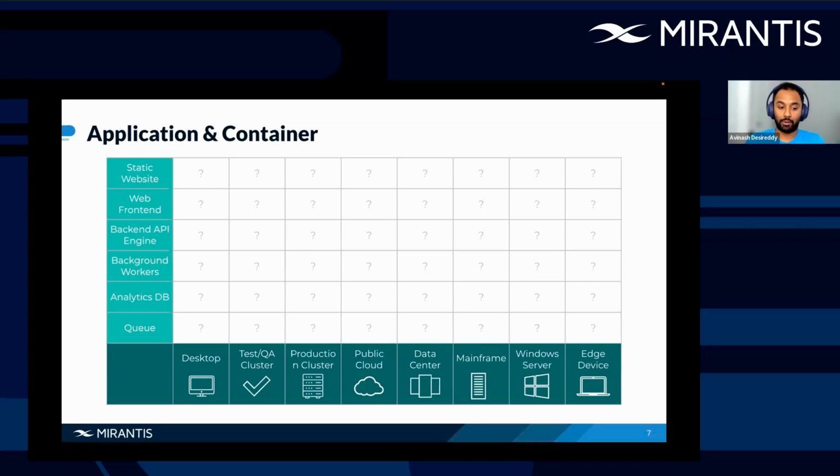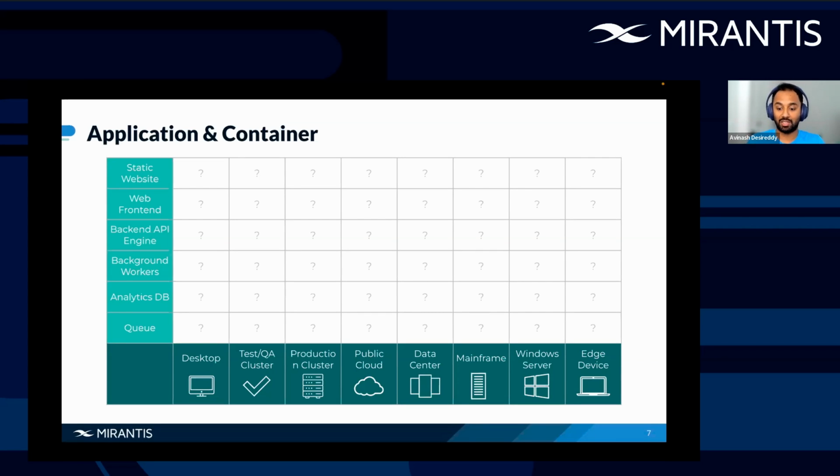So the number of options, of where these applications can be deployed and how they are deployed, is enormous. And the technical complexity, the process challenges, and the friction between developers and operations teams in order to coordinate all these changes and to make things happen, is very complex.